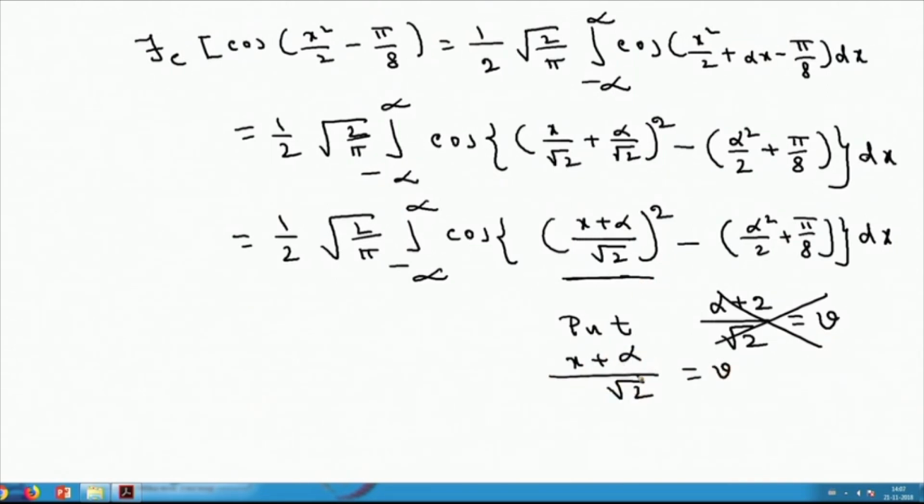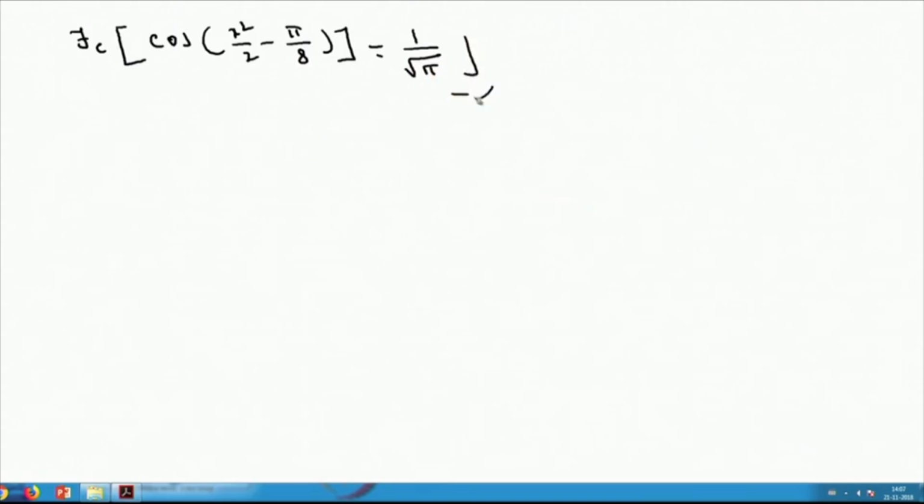If you substitute on this, what will you obtain? The Fourier cosine transform of cos of x square by 2 minus pi by 8 equals, by substitution, 1 by root 2, integral from minus infinity to infinity of cos of (v square minus alpha square by 2 plus pi by 8) into dv.